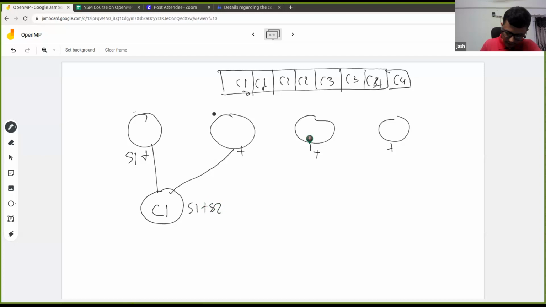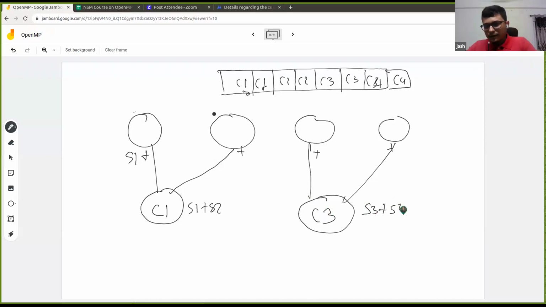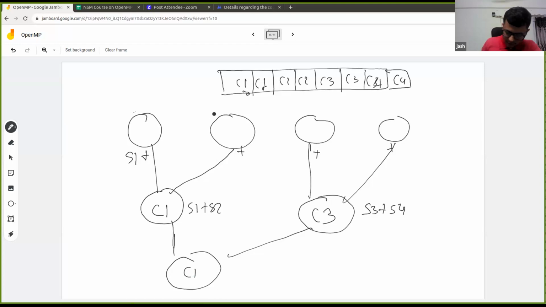Similarly, this will be sent to core 3, so core 3 will do S3 plus S4. This is fine, and we can do this for the next level also. Core 1 will get S3 plus S4 from core 3 and do S1 plus S2 plus S3 plus S4, and this will be our final sum.